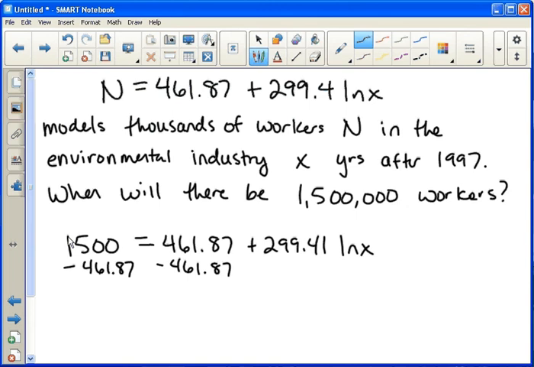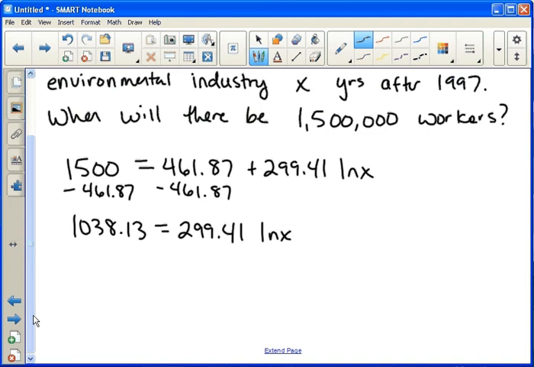That's equal to 299.41 natural log of x. Then we need to divide both sides by 299.41. See what that gives us. 3.467. Remember, leave the real one in your calculator so you can use it.